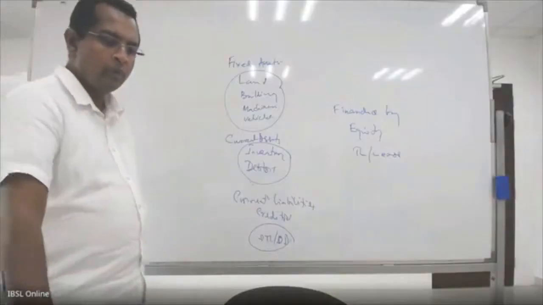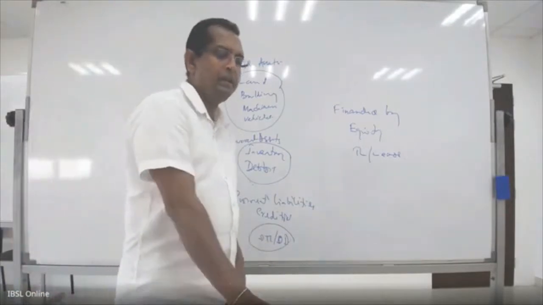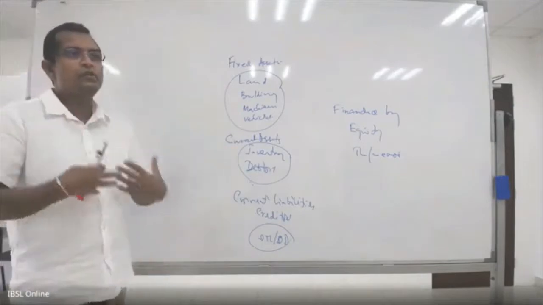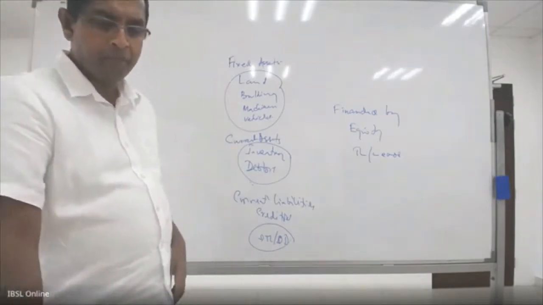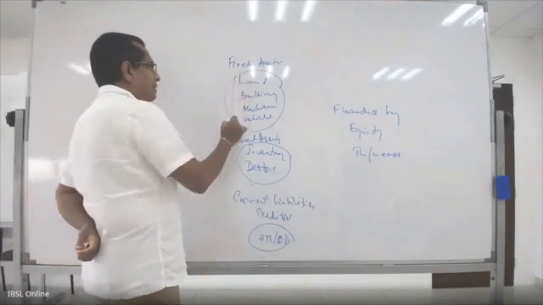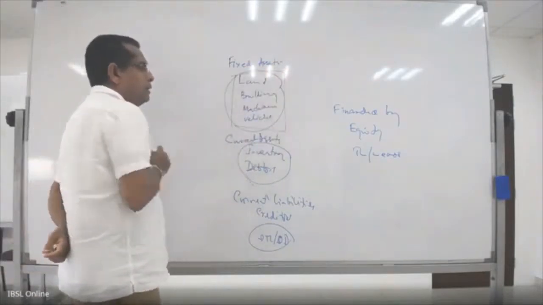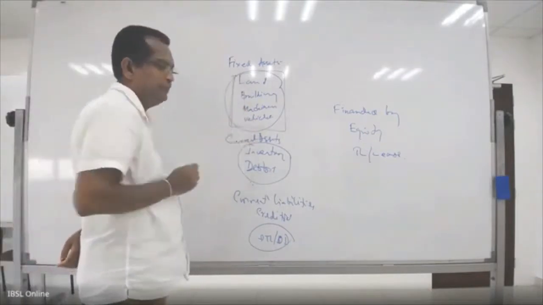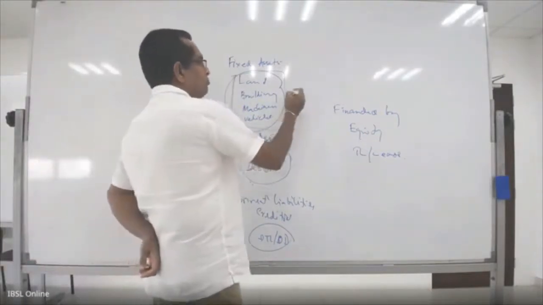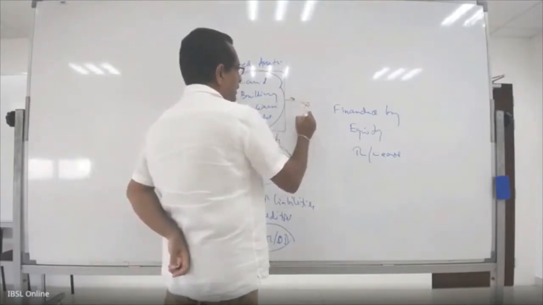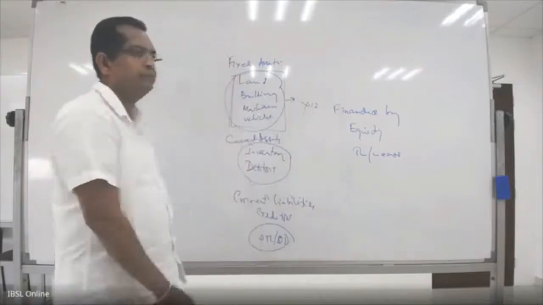So what is the current liability? Current liability is a liability which needs to be settled within a 12-month period, right? So fixed assets have a life of more than 12 months, right? So useful life is greater than 12 months.